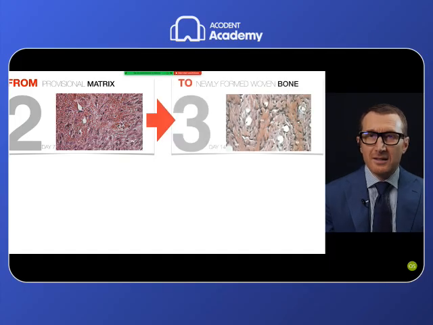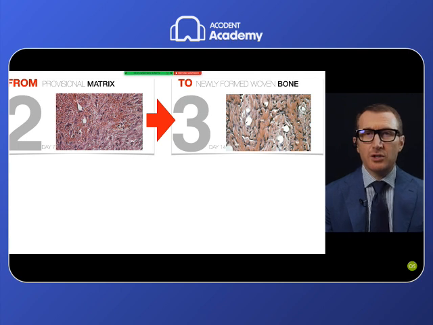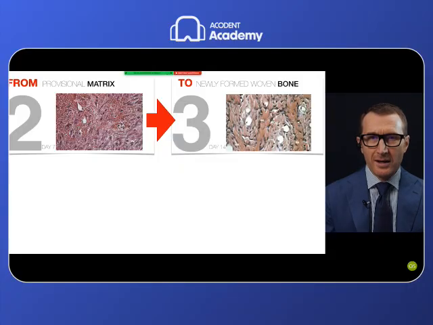Now, from a surgical point of view, we should know what the body needs to go from the provisional matrix to the woven bone formation. Because if we know what is needed, then our surgical procedure is supposed to recreate a perfect scenario where the biological process can run.